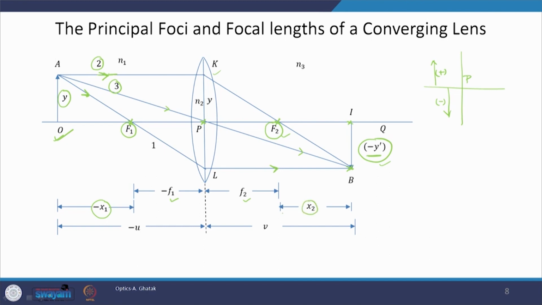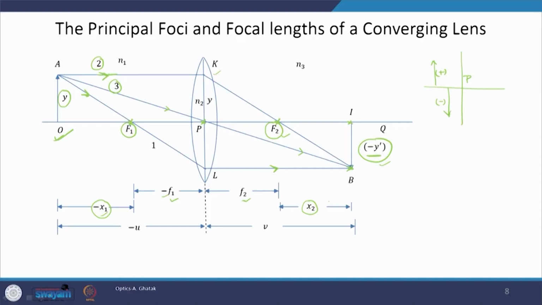The distances on the left hand side of the lens are measured as negative, while the distances on the right hand side are positive. Therefore, f2 and x2 are positive, while f1 and x1 are negative.